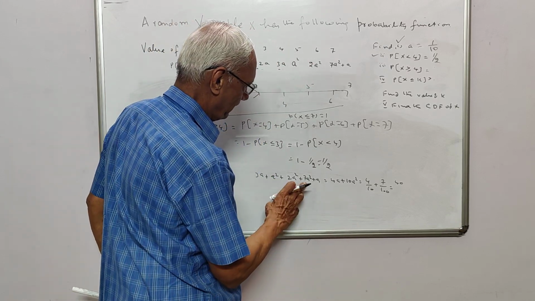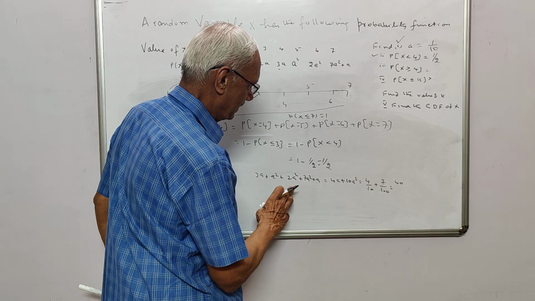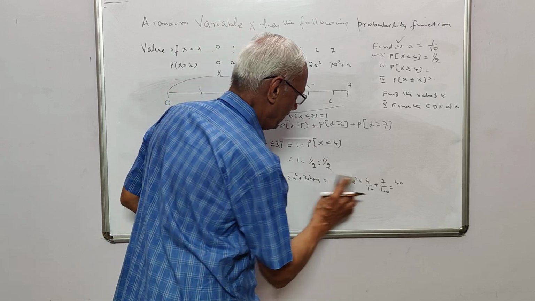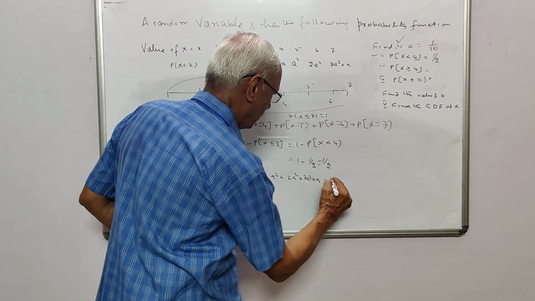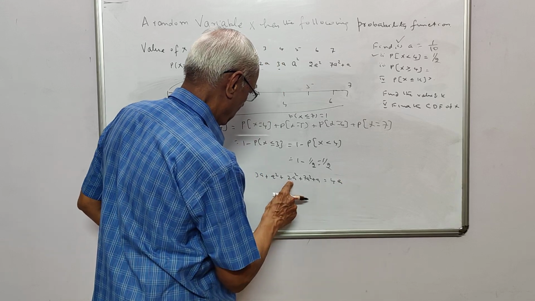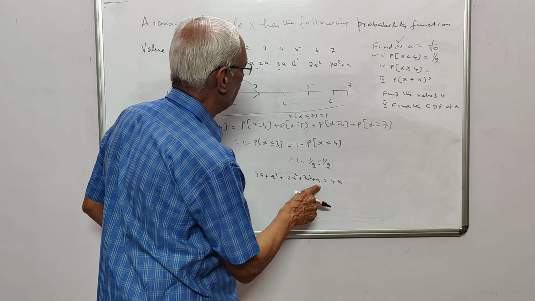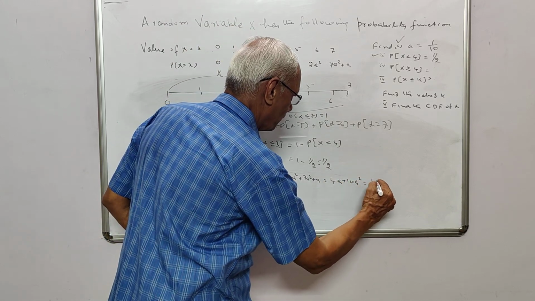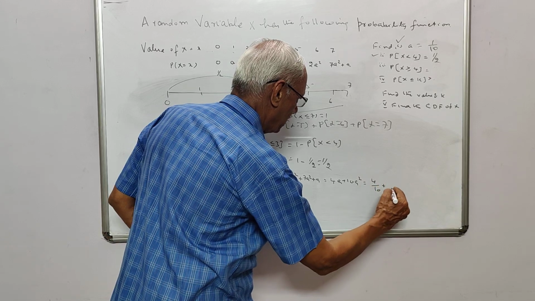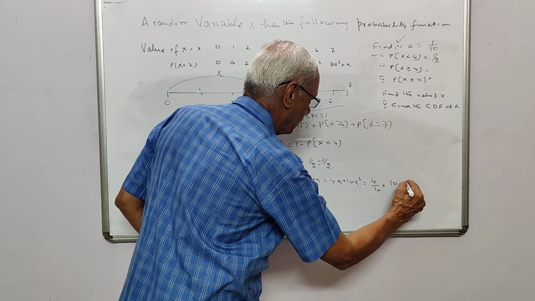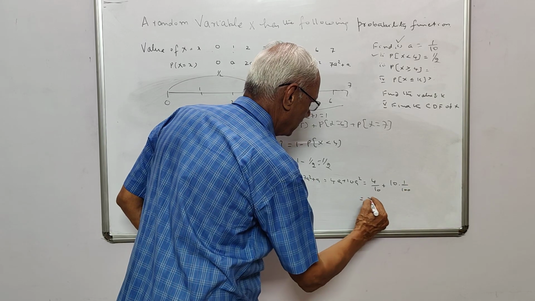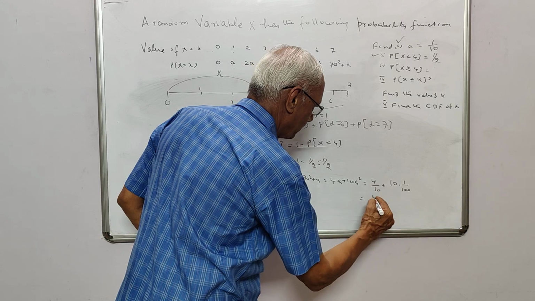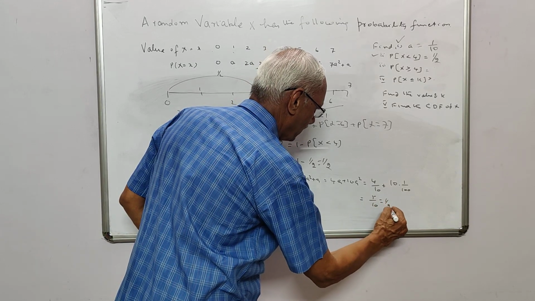So what you are having is 7a square, 10a square. I will put it like this, 10a squared. I will rewrite this: 4a, this is 3a plus a, 4a plus 10a squared, 4 into 1 by 10 plus 10 into 1 by 100, that is equal to 5 by 10, that is equal to half.